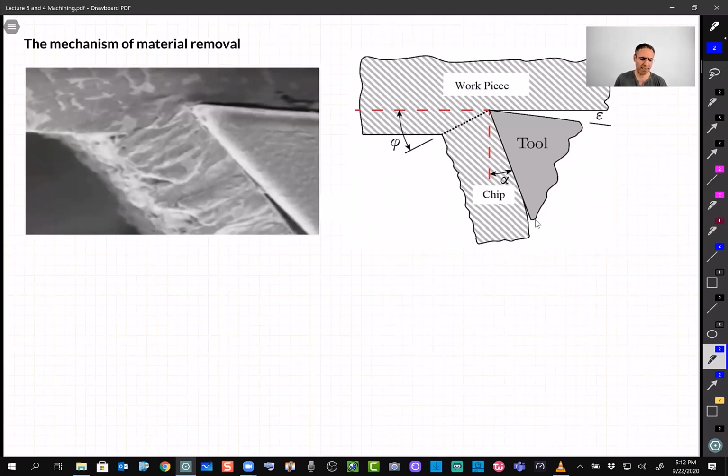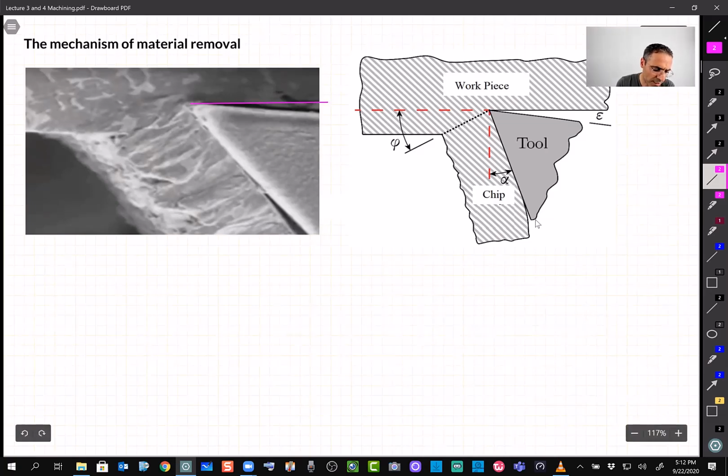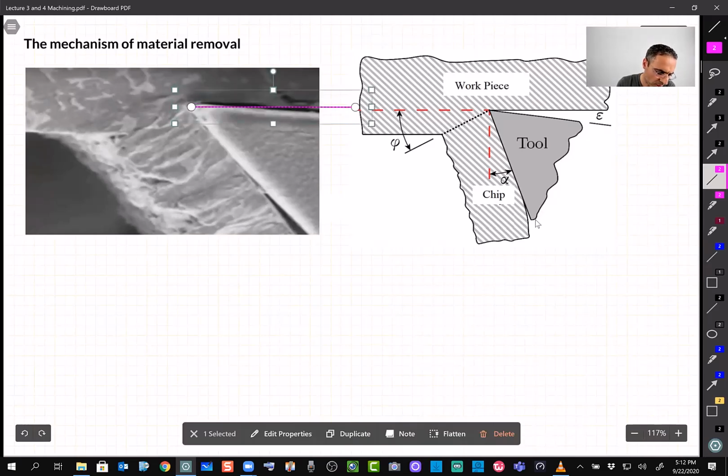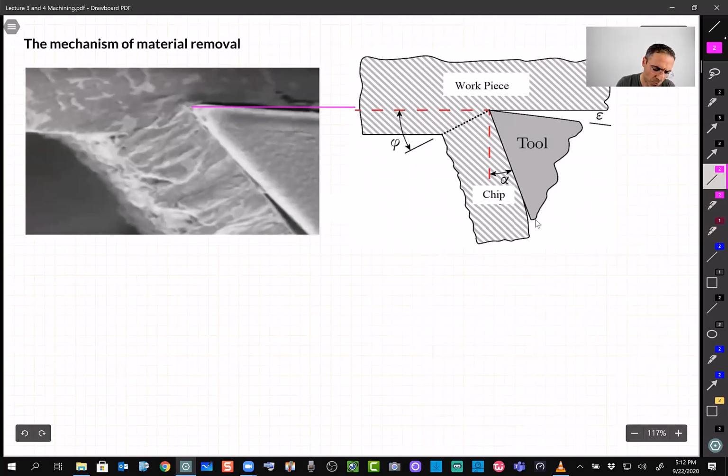Again, let's see the parameters that we can think of when we are cutting a piece of metal. And I'm just talking in general. Maybe you're just using a chisel or maybe a knife or something, in general, the process of removing material. So let's say this line over here, approximately on this shape that I'm showing you, we call it the cutting surface, the surface that has been machined, right?